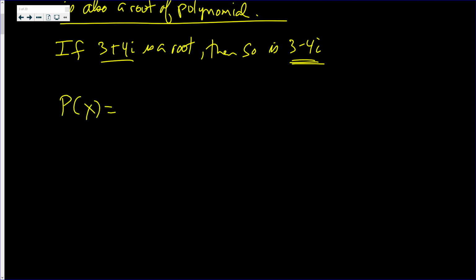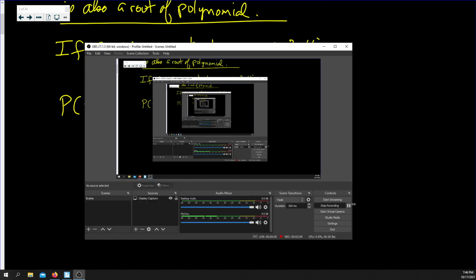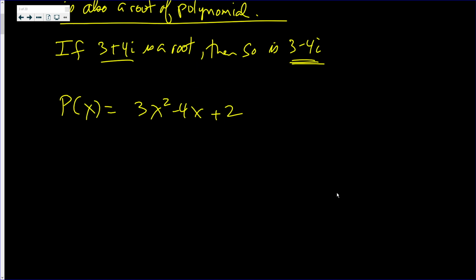Suppose that p of x is 3x squared minus 4x plus 2. We can use Descartes' rule of signs to determine some conditions on the real roots.